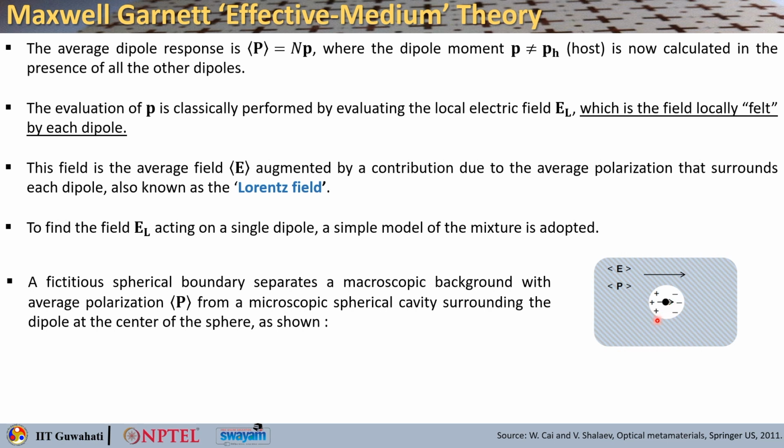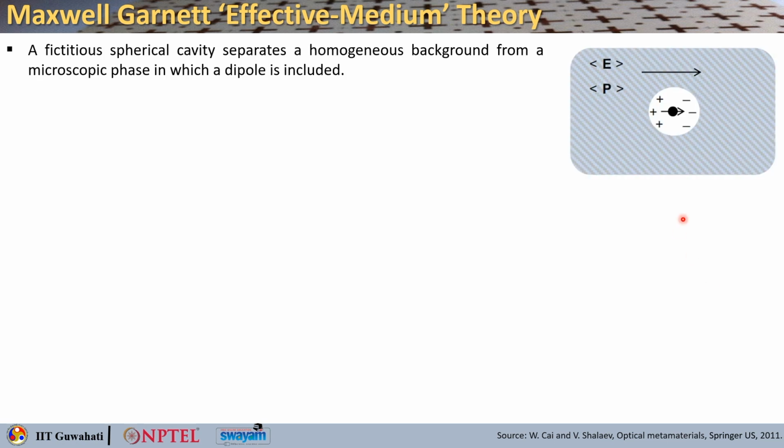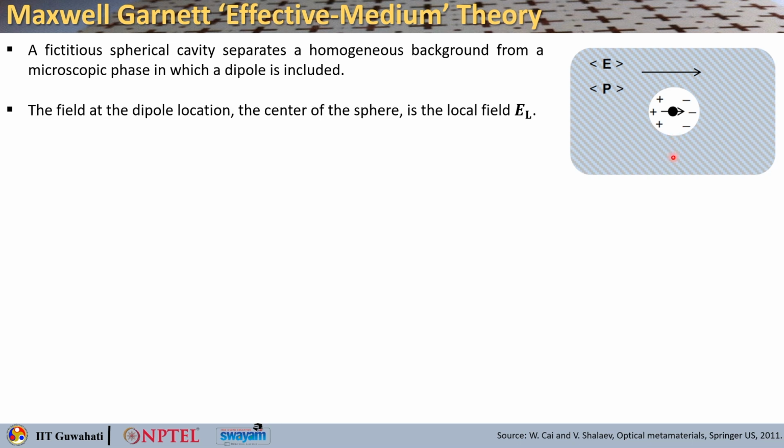So, this is the dipole and this is the sphere that is within this particular microscopic cavity that lies within this macroscopic background. Now, what is the role of this one? A microscopic spherical cavity here can separate the homogeneous background from a microscopic phase, in which the dipole is basically included. So, because of this dipole, the charge separation will be like this, and this is the field.